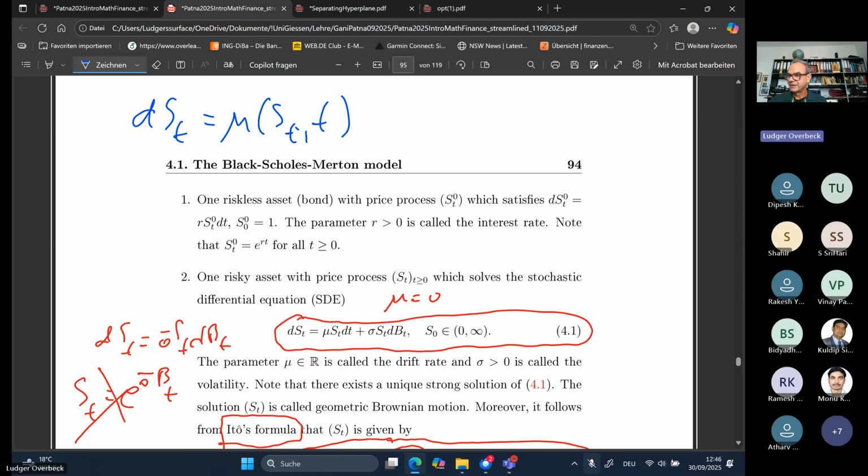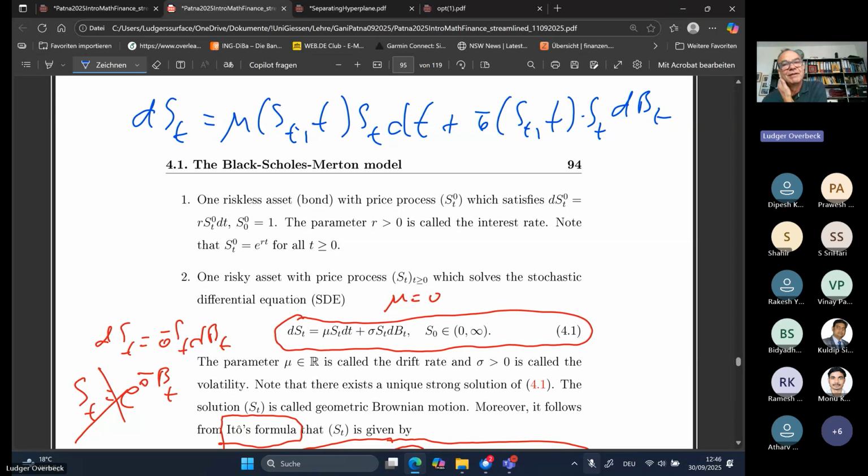You can make it as you like. But of course, then you don't have a closed form solution. We know in stochastic analysis that there's always a general diffusion.